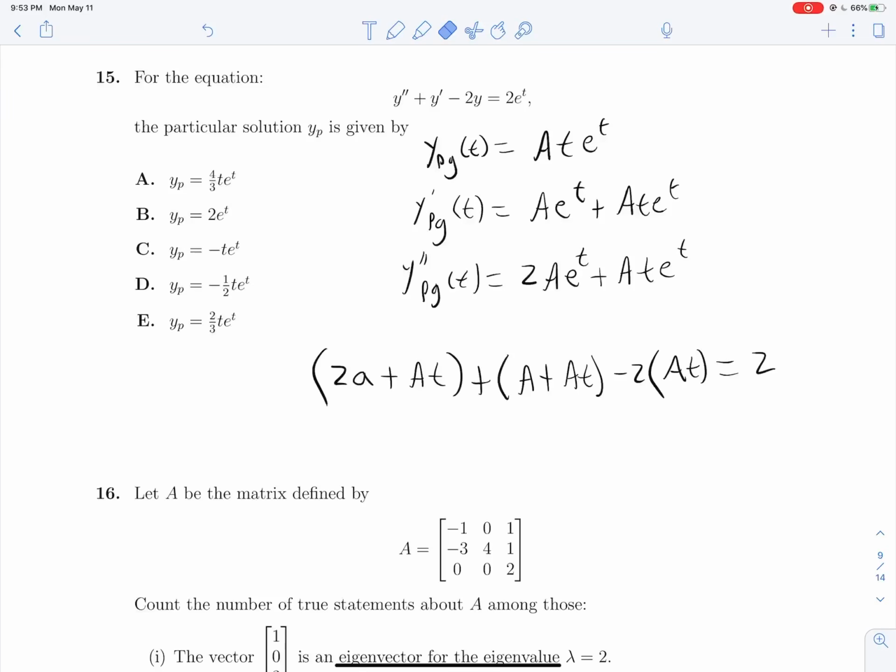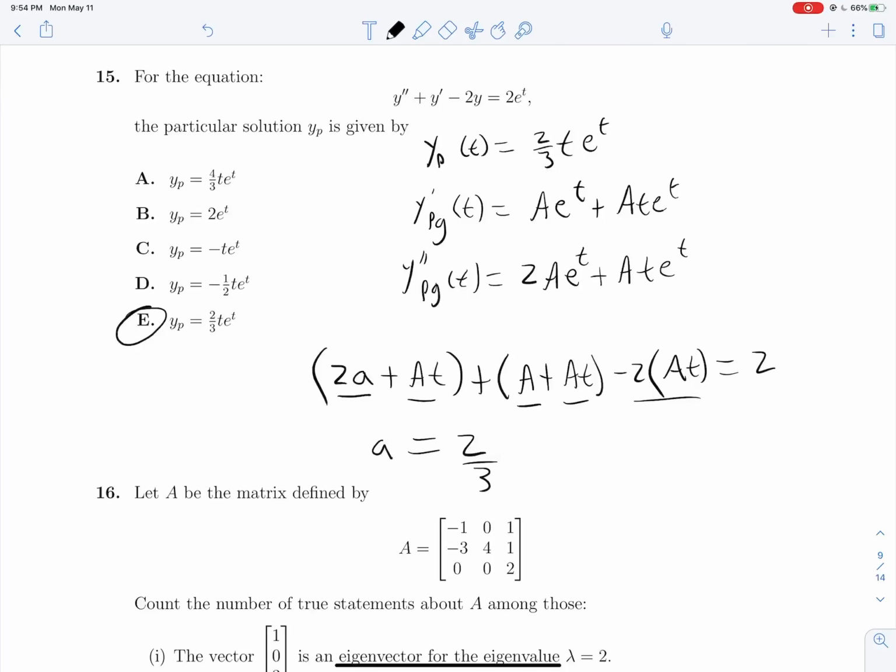So overall, we have 2a plus a, that's 3a, and then we have an at, an at, and a minus 2at, so that all becomes 0, and we get that is just equal to 2. So a is 2/3, and so this isn't our guess anymore, this is just y particular, our particular solution, that's 2/3 t e to the t.